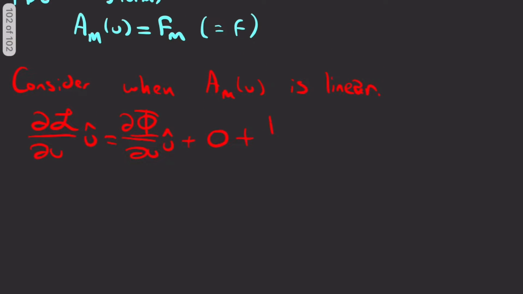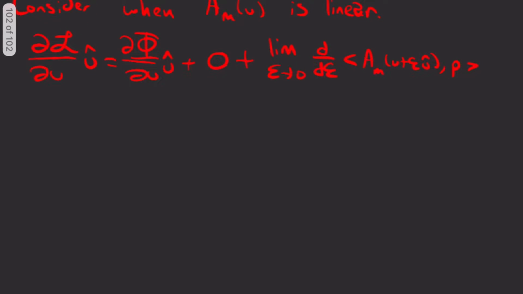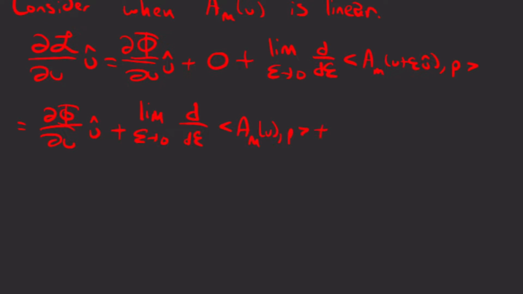And so let's just use the definition here. The limit as epsilon goes to 0 of d d epsilon of the inner product of A sub m of u plus epsilon u hat dotted into p. This is equal to partial phi, partial u, u hat, plus, and now I'm invoking linearity with respect to u.